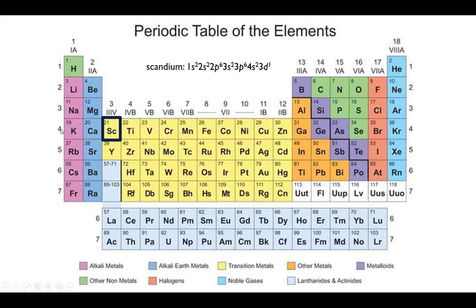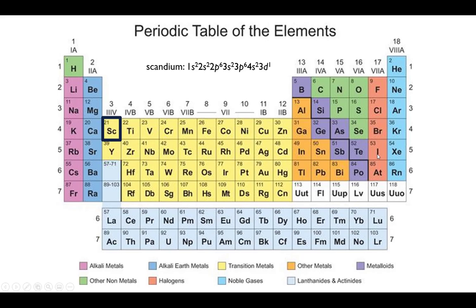Then move on to the 4s, so there's 2 boxes, so 4s2. And then remember, this is not 4d, this is 3d. The d's are always one behind. So this is 3d1. Titanium would have been 3d2, vanadium would have been 3d3, etc.